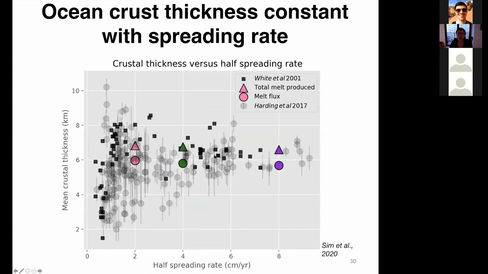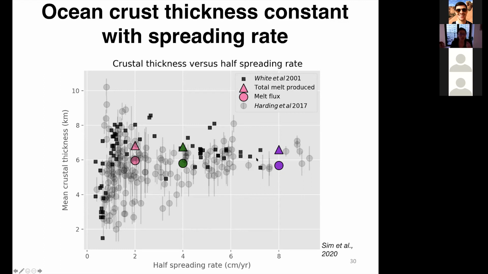So when I take an average of the crustal thickness over time for the models, this is the plot I get, to understand what it looks like when we plot it against half spreading rates. The triangles are from the total melt produced, and the circles are the expected crustal thickness from the melt flux. Again, you see the difference between them is essentially melt freezing into the lithosphere.